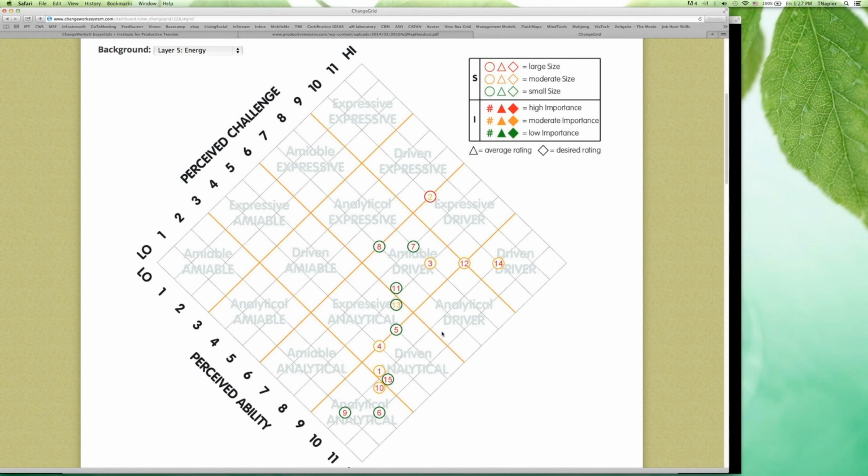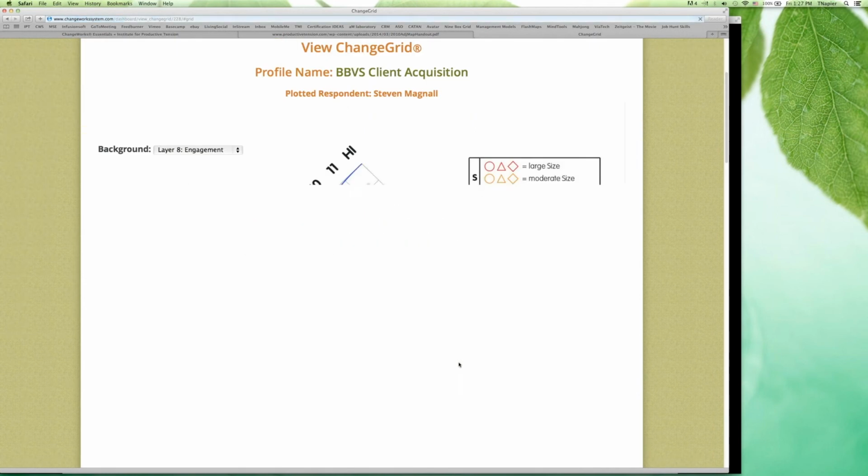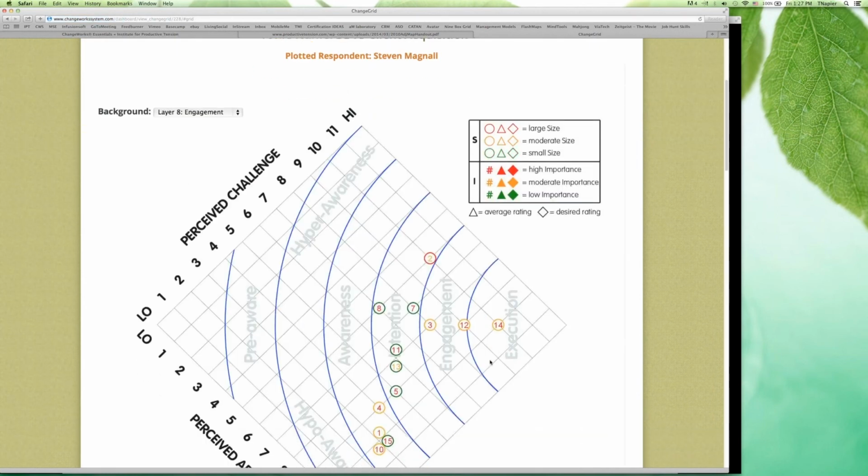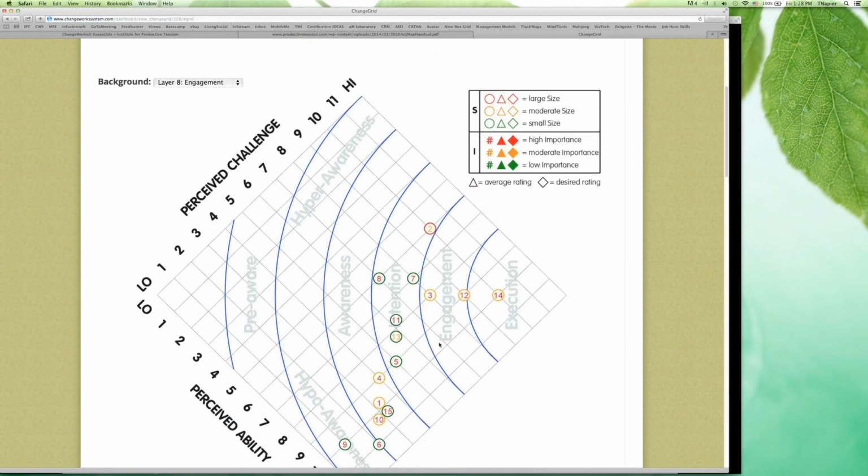One of you pointed out that the analytical driver views a higher level of challenge and is plotting engaged, where the driven analytical is slipping from engagement down to, in fact, let's switch the background. As you move down that side, you go from being engaged, and right here would be that analytical driver, to being intention and awareness.